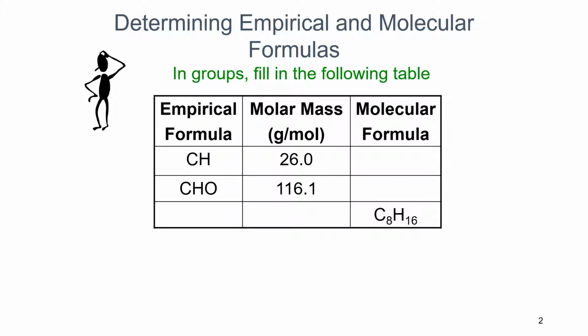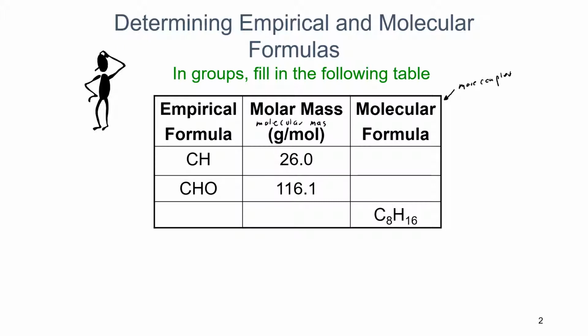Now, this is an exercise I would have done in class, but if we look at this chart, if we know we have an empirical formula of 1 carbon and 1 hydrogen, we're going to have a molecular formula that is more complex than just 1 carbon and 1 hydrogen. And so the molar mass listed in the center is for a molecular formula.